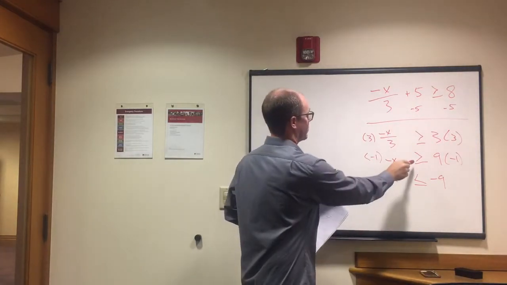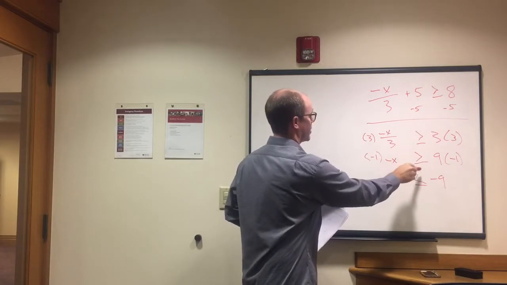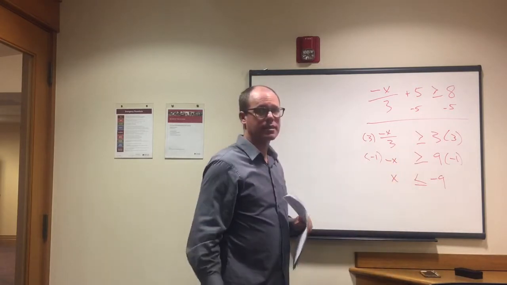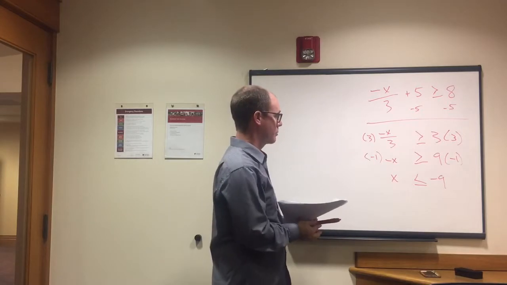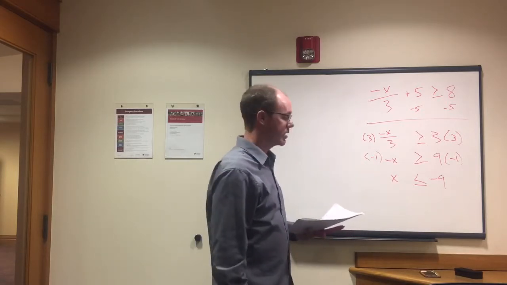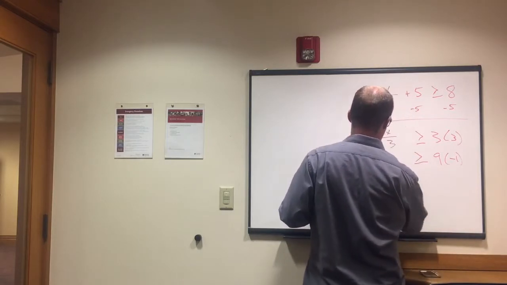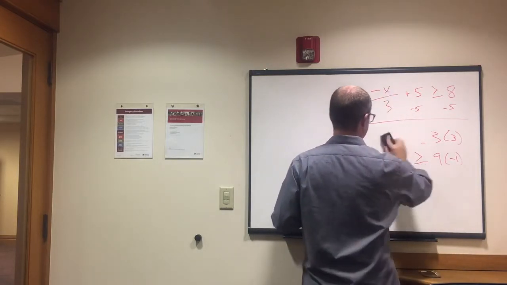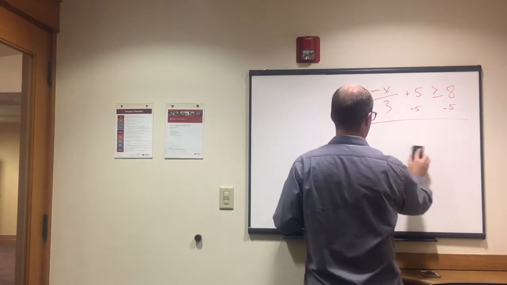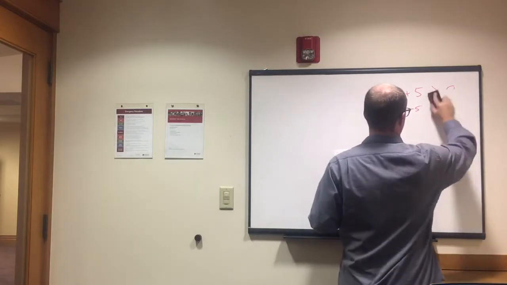And when you do that, we have to flip this greater than or equal to sign to less than or equal to, because we multiplied by a negative number. So actually there's a bunch of steps there. None of them are too hard, but you gotta do them all.